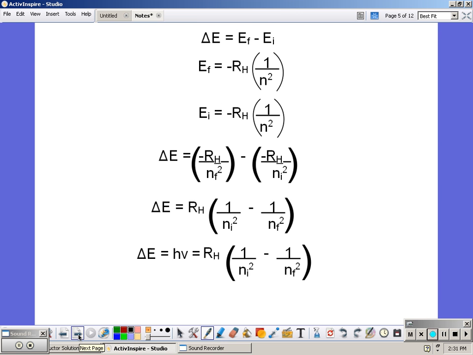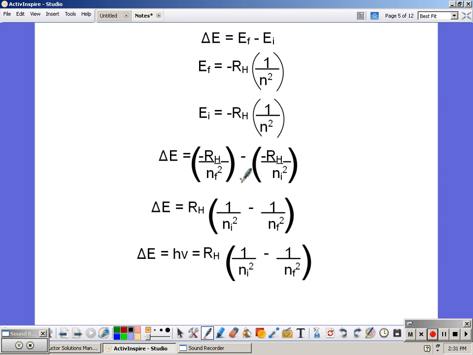So mathematically, we can put this all together. The change in energy from the final to the initial: if we use Bohr's equation, the Rydberg constant times 1 over n squared for the final and the initial, we can subtract them to get the overall energy change.